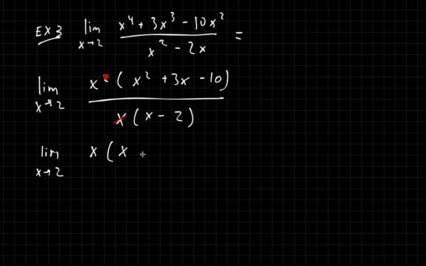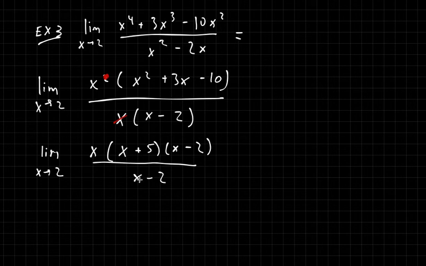What about 5 and -2? So x squared, -2x plus 5x is 3x. So that satisfies that. 5 times -2 is -10. So this would be correct. And then at the bottom we have x minus 2. And now, as I'm trying to simplify this, I see I can cross out that.